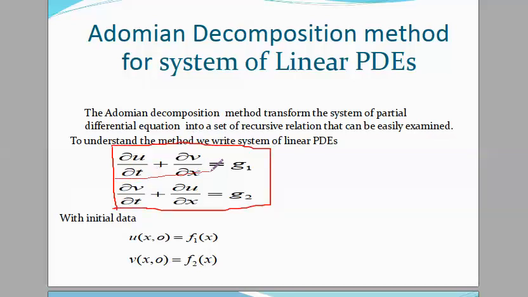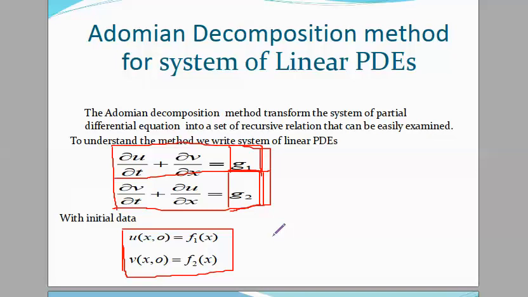This is one partial differential equation, and the second one is the second partial differential equation, and they are inhomogeneous. By inhomogeneous we mean that the right hand side of the partial differential equation is non-zero, and here we have some source terms. These are the initial boundary conditions for the above partial differential equations, in which we have two unknowns.